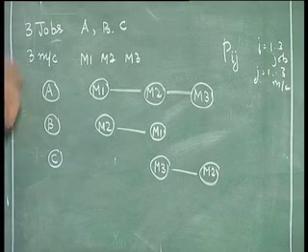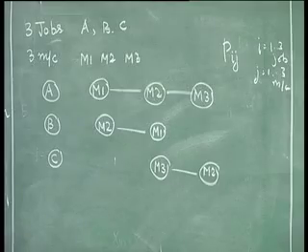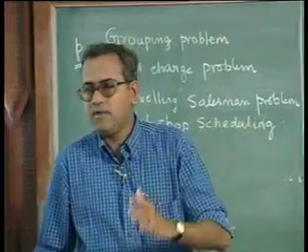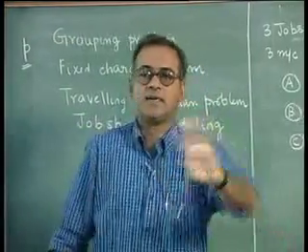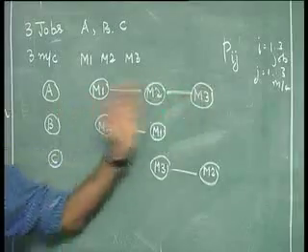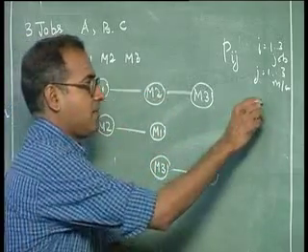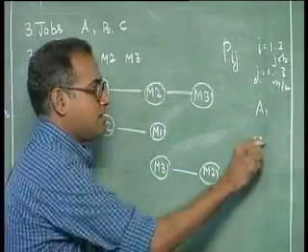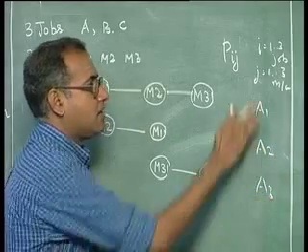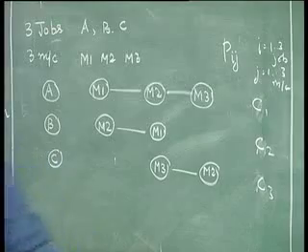Now, all the jobs are available at time equal to 0, these things have to be processed, and when we start processing, each job will be completing at a certain time. For example, let us say all these 3 will be over by certain times, say C1, C2, C3.